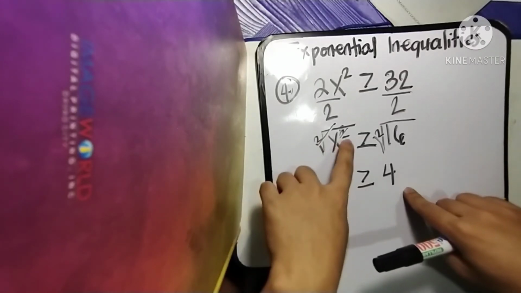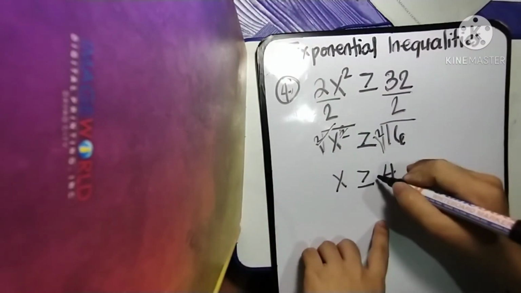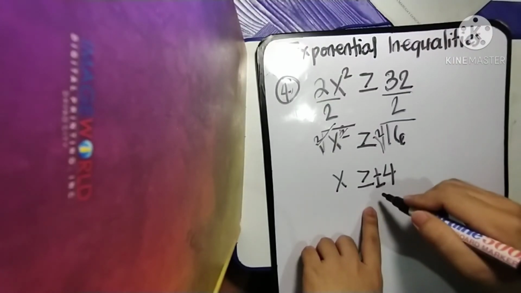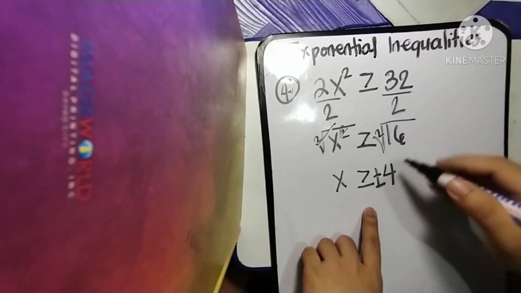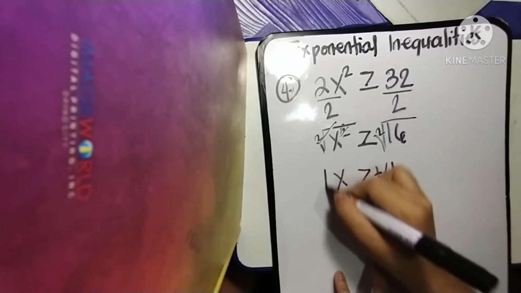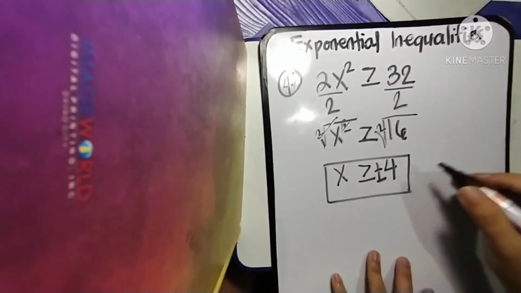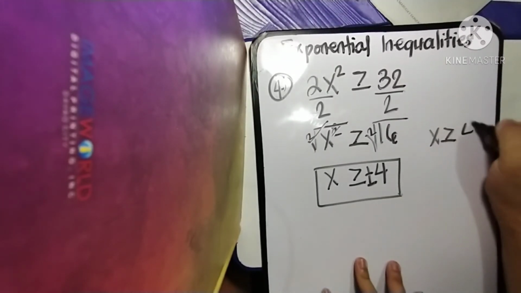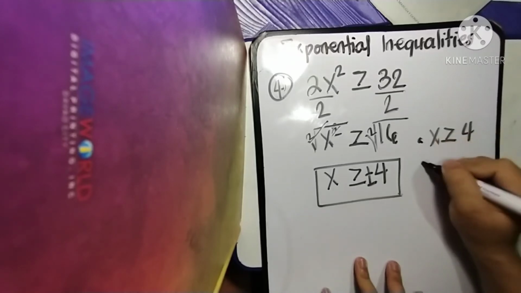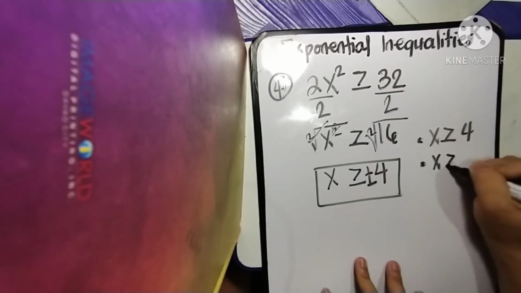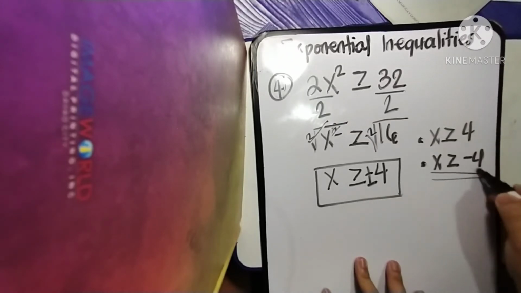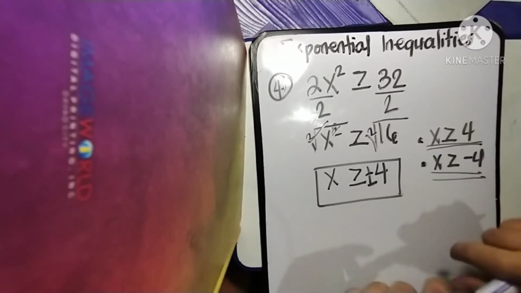Now since the exponent is even, so the solution set are x is greater than or equal to positive or negative 4. So we have x is greater than or equal to 4 and x is greater than or equal to negative 4. So these are now the solution set of the given function.